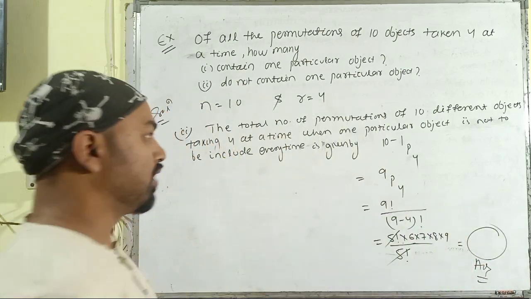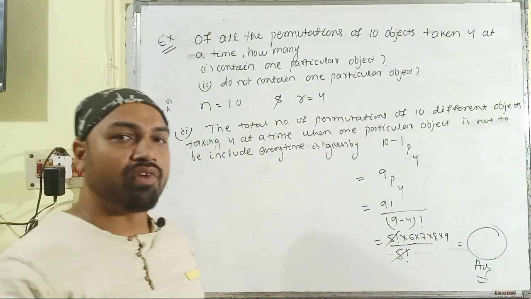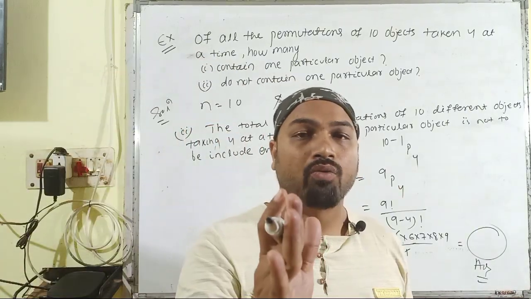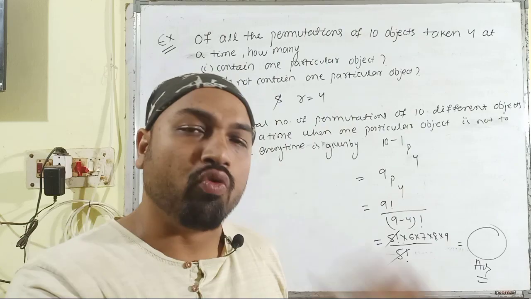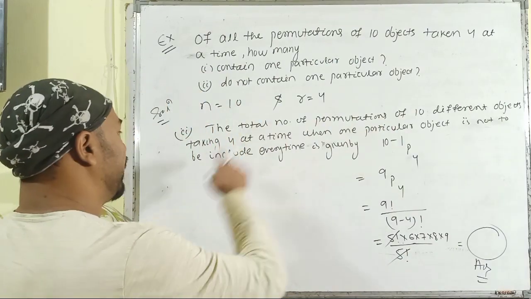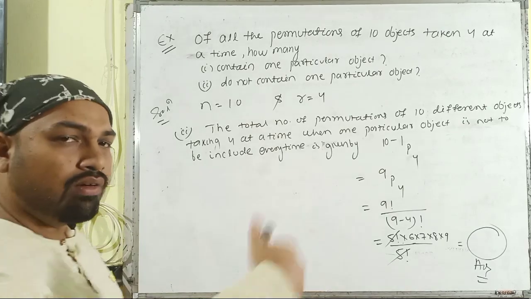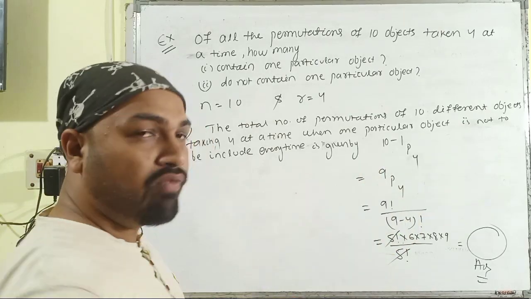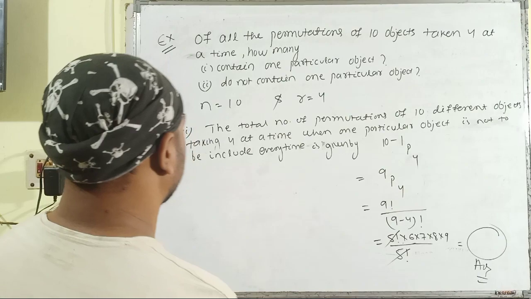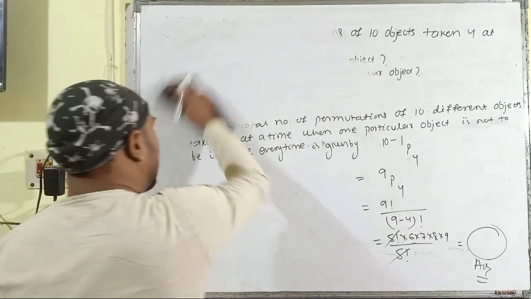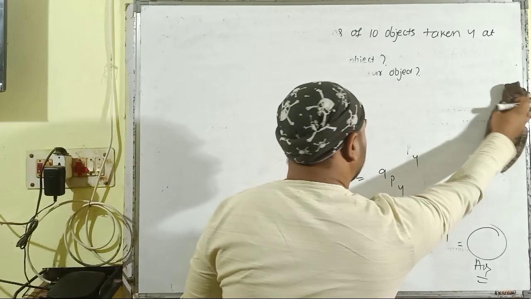This is the total number of permutations of 10 different objects taking 4 at a time, in which one particular object is never to be included. And here is the final answer. Then we move towards more fundamentals based upon restricted permutations, circular permutations and the repeating cases.